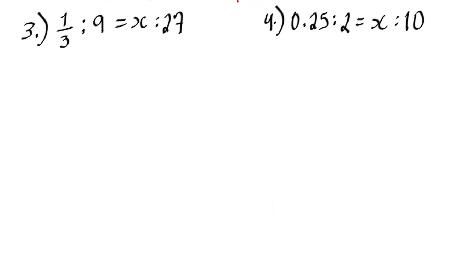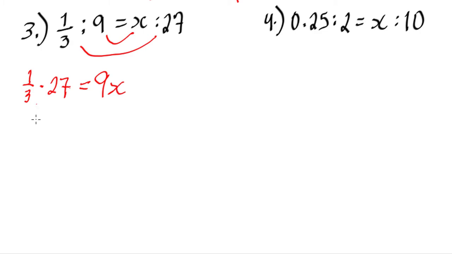For number 3, we have 1/3 is to 9 is equal to x is to 27. So let's make use of the product of the means equals the product of the extremes. Let's make use of the extremes first. So we have 1/3 times 27 is equal to 9 times x, so that's 9x.